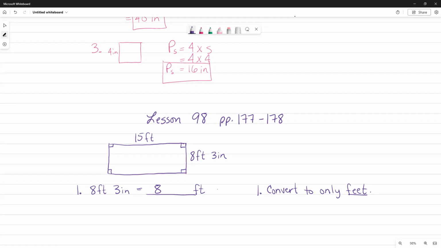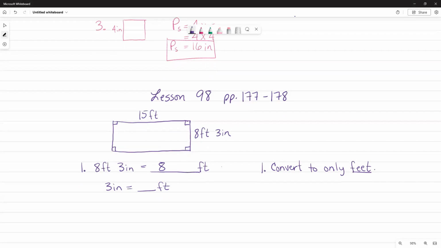So what we need to do is convert 3 inches to some amount of feet. Now we know we're going from a smaller unit to a larger unit, so we need to divide. And what's our conversion? There are 12 inches in 1 foot, so we're dividing by 12. We take our part, which is 3 inches, and divide it by our whole, which is 12.